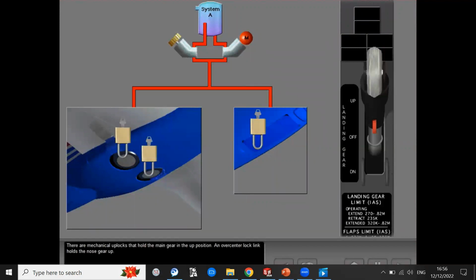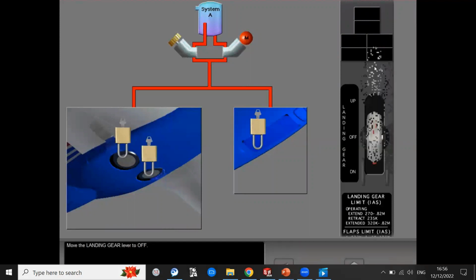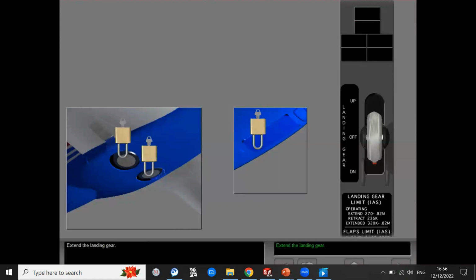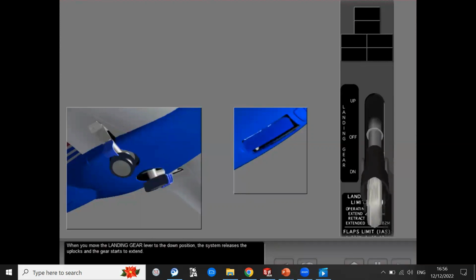So this is actually the landing gear lever, and with specific settings, the landing gear behaves differently. So extraction, retraction, and another one, what do you call it?